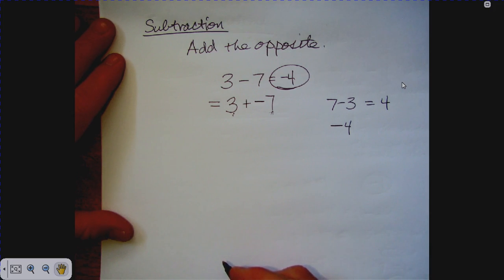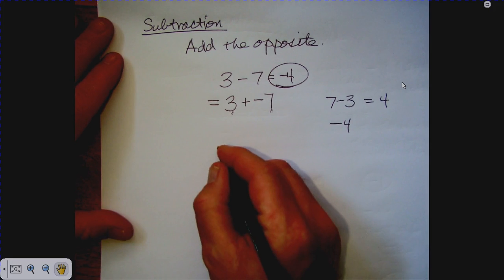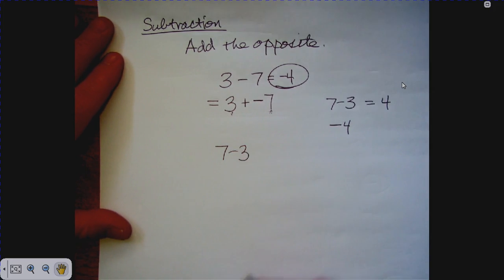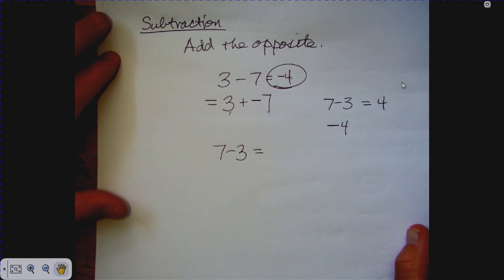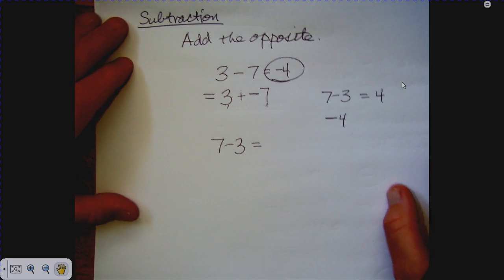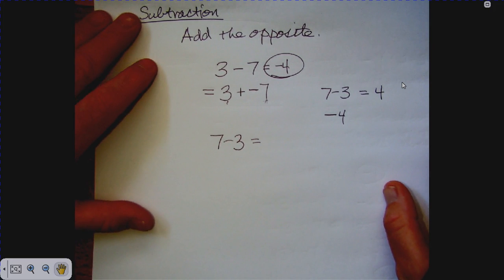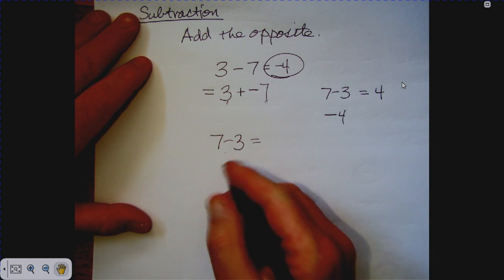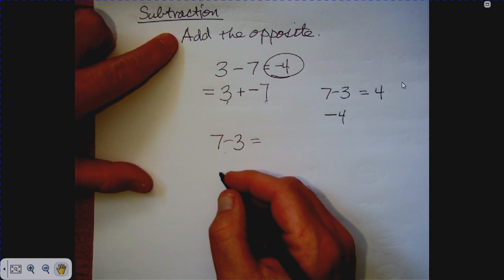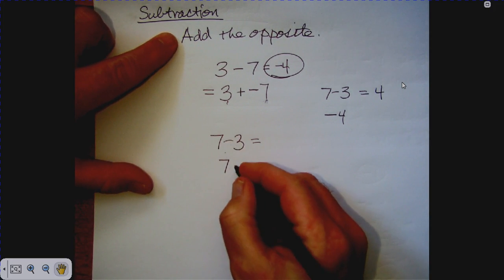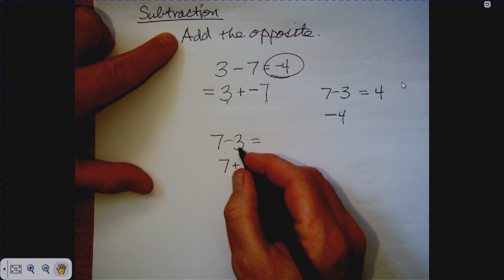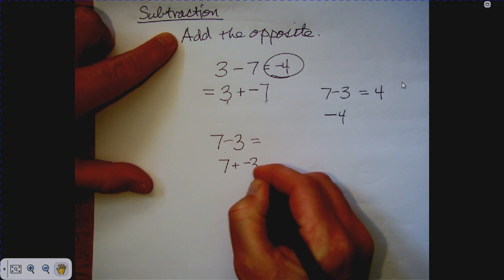Okay, here's another one. 7 minus 3. You had problems like that in probably first grade, I'm guessing. Now, we better get the same answer. The rule for subtraction is I'm going to add the opposite. So it was subtraction, now it's addition. It was a positive 3, now it's going to be a negative 3.